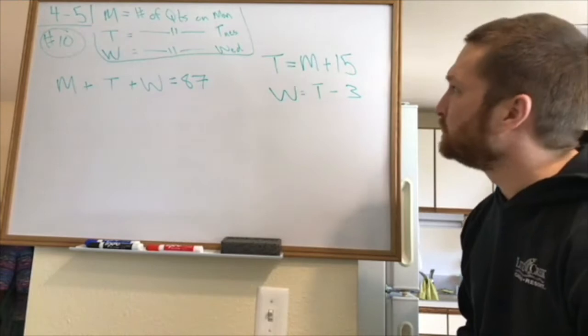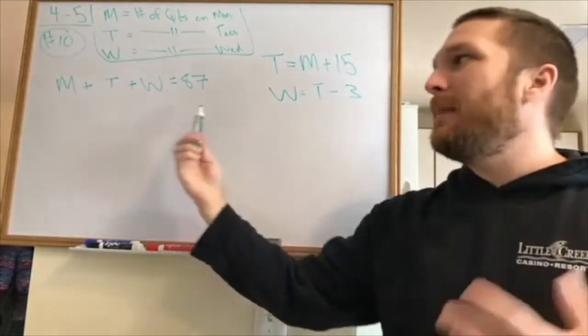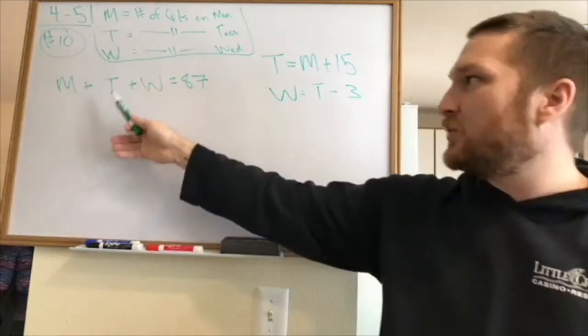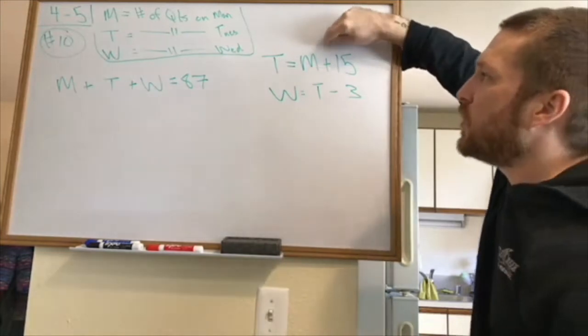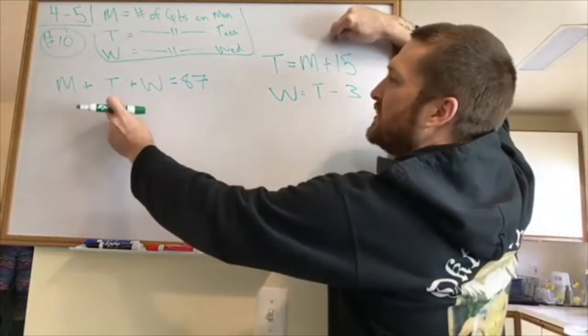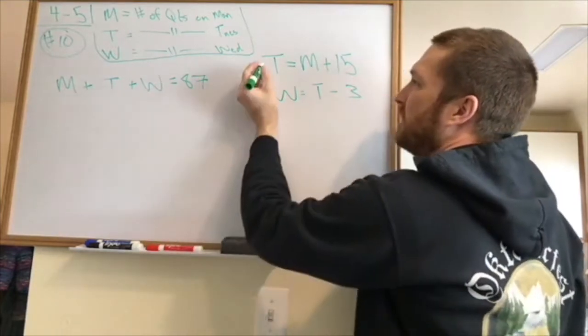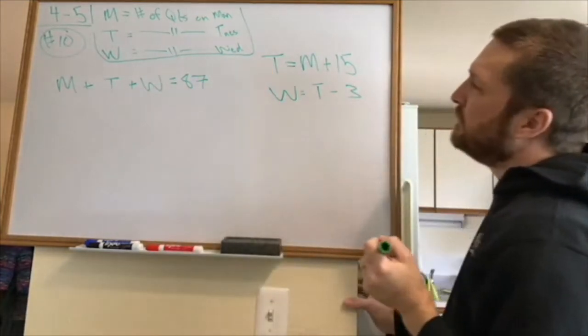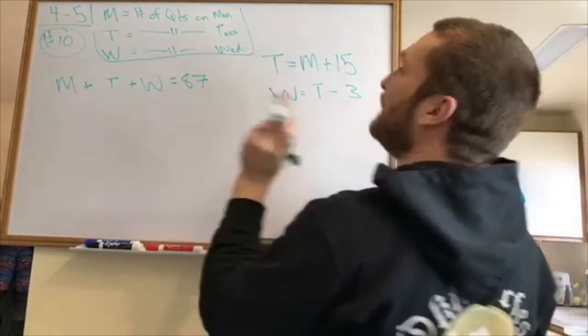Okay, that looks good. Okay, so I've already implicitly written an order, and it makes sense to go Monday, Tuesday, Wednesday in that order. So let's turn this equation into standard form. What do I need to write over here? T minus M equals 15, or negative M plus T equals 15.